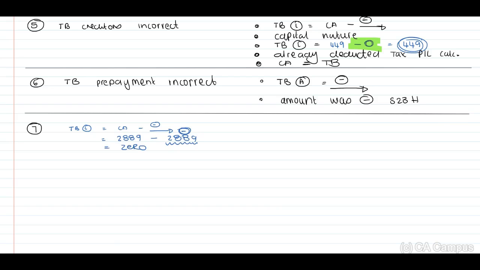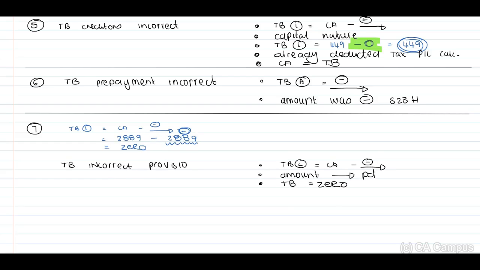Therefore, the error is the fact that the tax base is incorrect relating to our provision, and the correction is to indicate that the tax base of the liability is the carrying amount minus the amount deductible in future. They've indicated to us that the amount will only be deducted in future once it is paid. Therefore, our tax base should be 0, right?